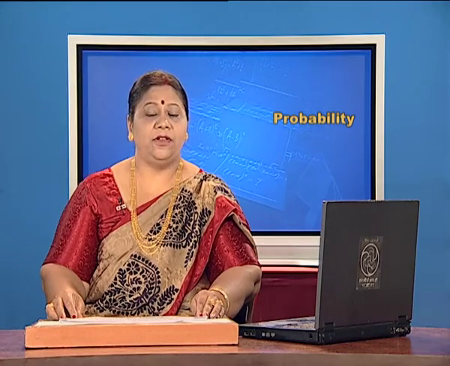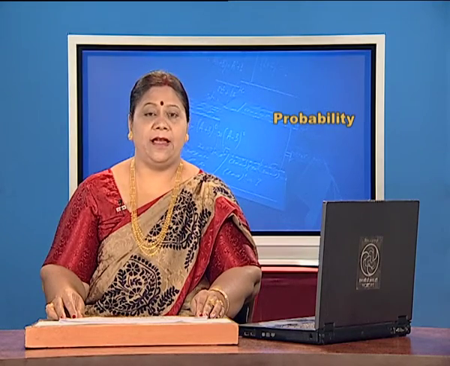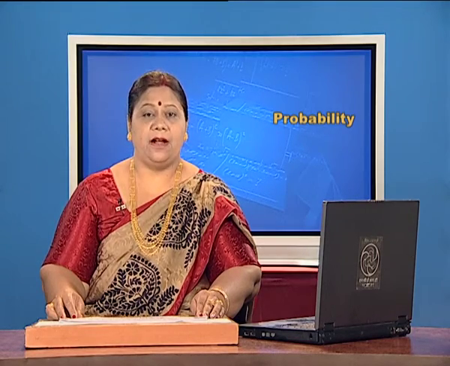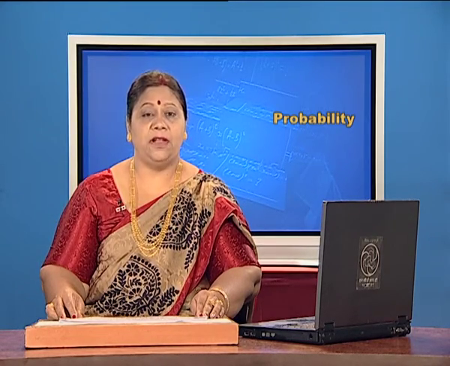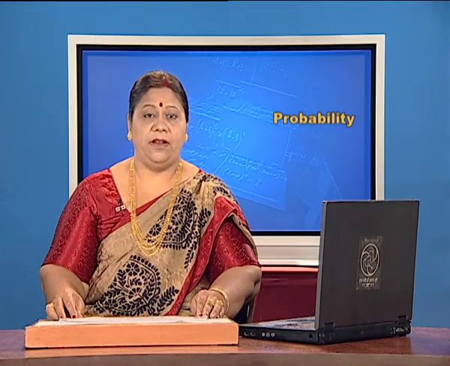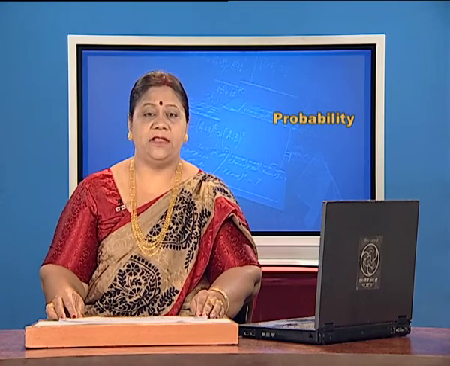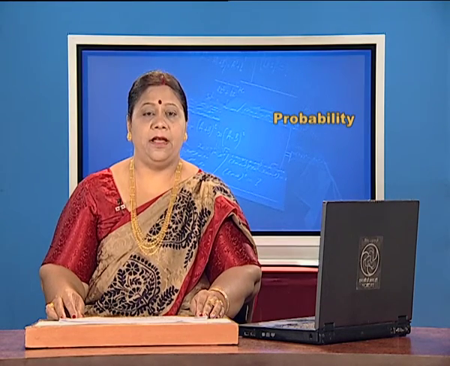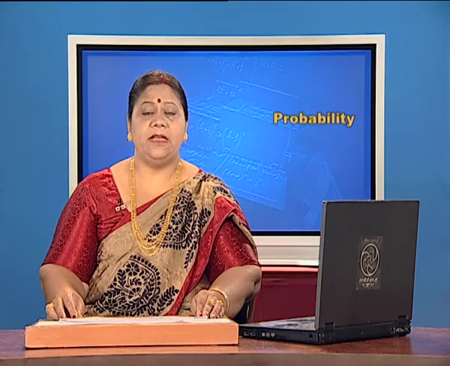Recall that union of two sets A and B, denoted by A union B, contains all those elements which are either in A or in B or in both. When the sets A and B are two events associated with a sample space, then A union B is the event either in A or B or both.